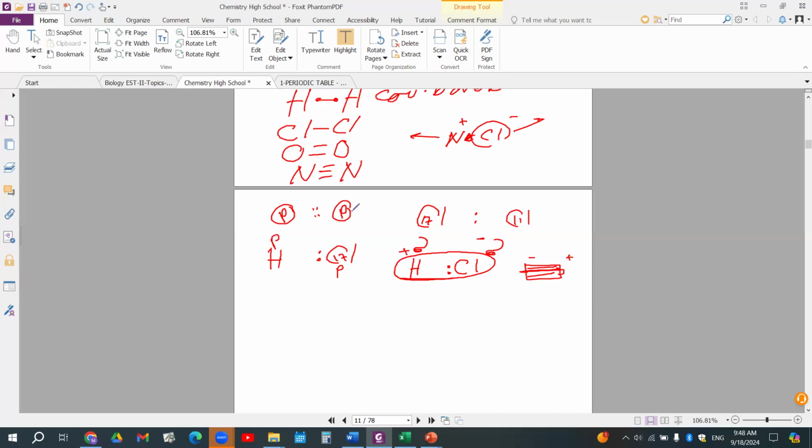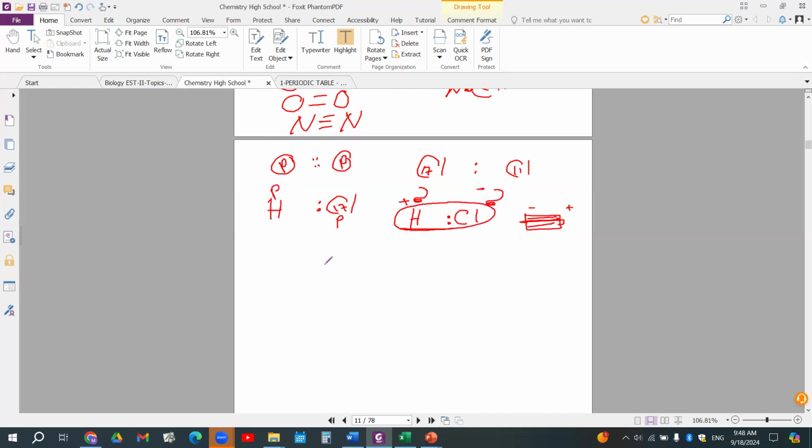Okay, water, H2O. Oxygen has 6 electrons in the outermost shell initially, it needs 2. Oxygen needs 2 to saturate it. It will negotiate with 1 hydrogen and another hydrogen, like this, making a covalent bond with one hydrogen and another hydrogen.